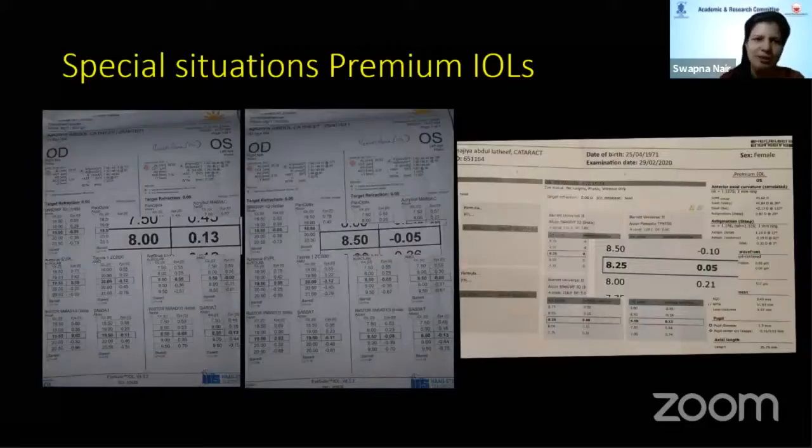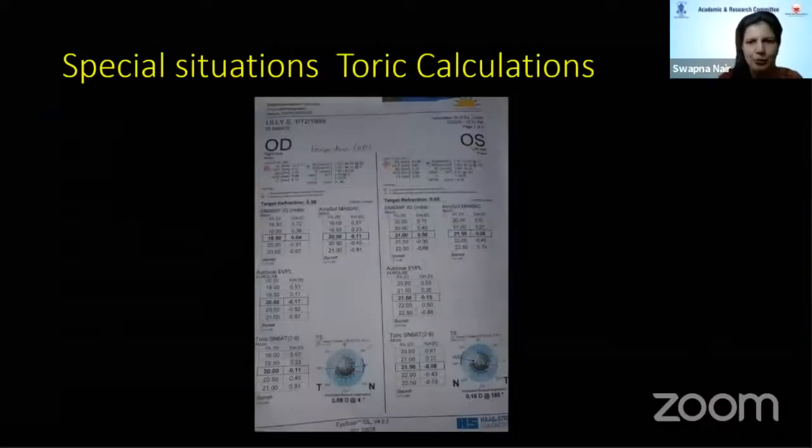Now, coming to special situations, here I'd like to highlight a couple of cases where the usefulness and the versatility of this formula is proved. Coming to premium IOLs, this is a patient who required a Panoptix, and you can see that across all machines, the Lenstar on the left and the Anterion on the right, you get similar values, though the patient is a myope.